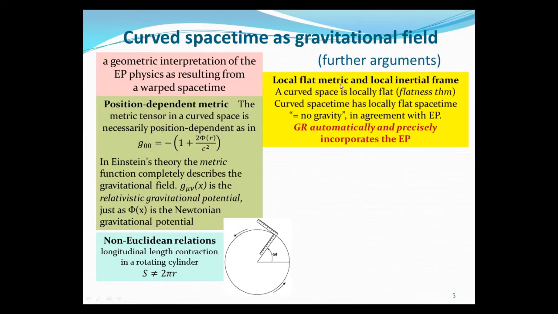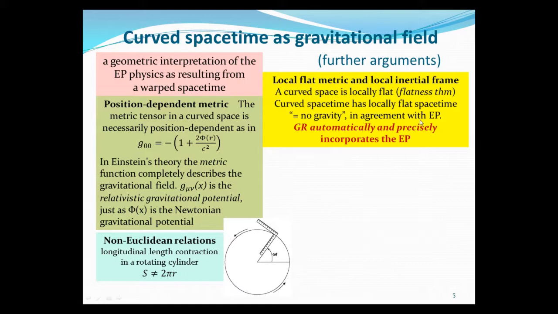Now we have to make a very important point: in a curved space, it's locally flat. That means we can always go to a small enough area to approximate by a flat surface. So this is the flatness theorem. Now for a curved space-time, we'll have a locally flat space-time, and flat space-time means no gravity.